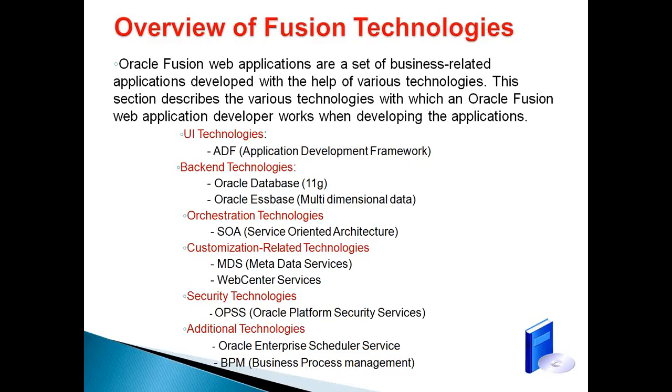And for orchestration technologies, SOA, service oriented architecture, especially in terms of HCM, it is mainly used for the approvals. When we talk about approvals in HCM, I'll show you that. Then customization related technologies. Whenever we want to do customizations, we have the Metadata Services and the WebCenter services. Security: Oracle Platform Security Services, and some other technologies like Enterprise Scheduler Service, which is equal to our e-business.